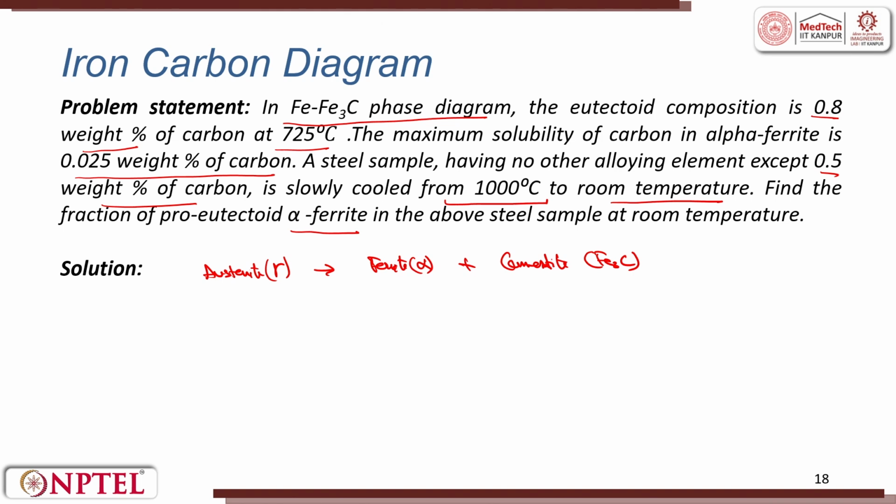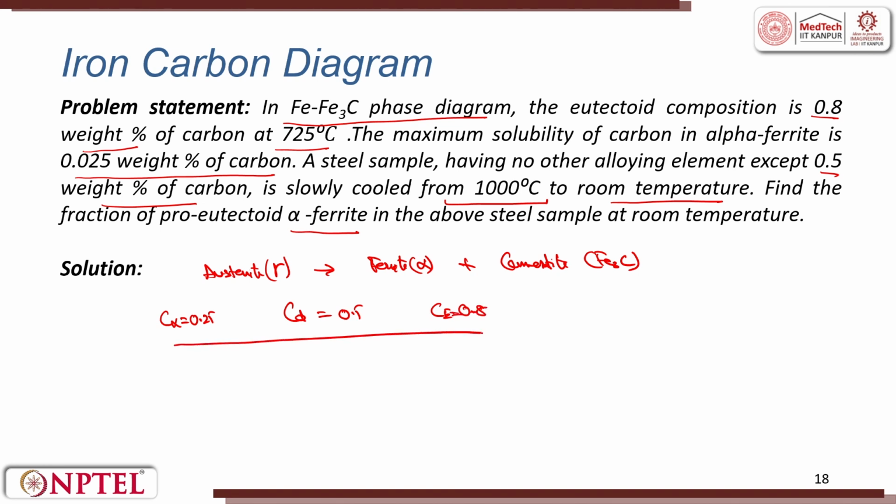Just make sure that the composition of our interest, or we will say C desired, is 0.5 weight percent, that is given here, and the ferrite composition, C alpha, is 0.25, and the eutectoid composition, I will put it as CE, at eutectoid is 0.8.